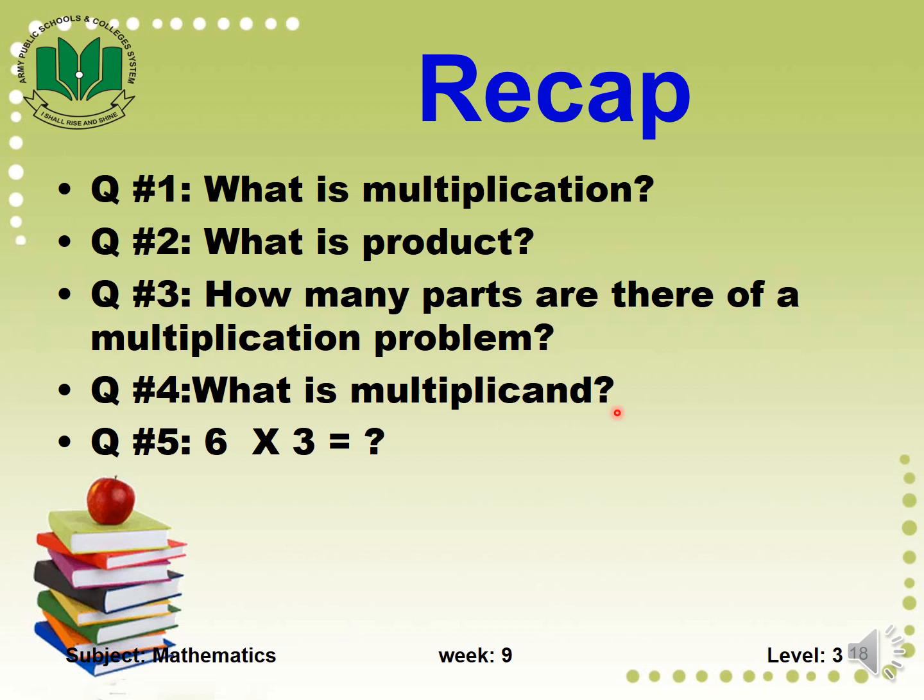Students, the number that gets multiplied by another number to find the product in a multiplication problem is called as multiplicand, and this is the first part of a multiplication problem or sum. Question number 5. 6 multiplied by 3. So when you multiply 6 with this number 3, the answer is 18.